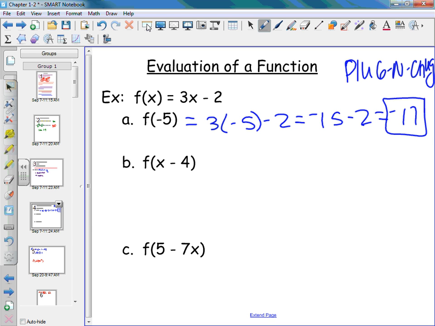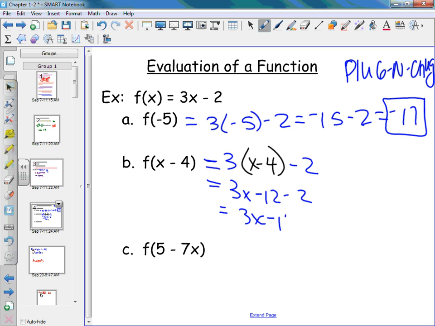Okay? So I'm going to use 3 times the x minus 4 goes there, minus the 2. Do you see that I plugged in the expression x minus 4? Distribute: 3x minus 12 minus 2 to give you 3x minus 14. And I got an expression out.